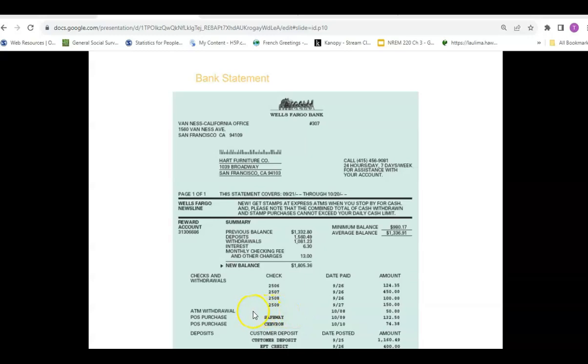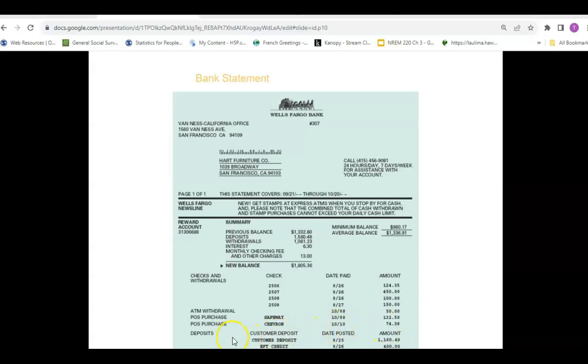If there were any ATM withdrawals, that would also be listed here. Point of sale purchases, so in this case it shows that they went to Safeway and Chevron on October 9th and 10th. And there were charges of $132.50 and $74.38.